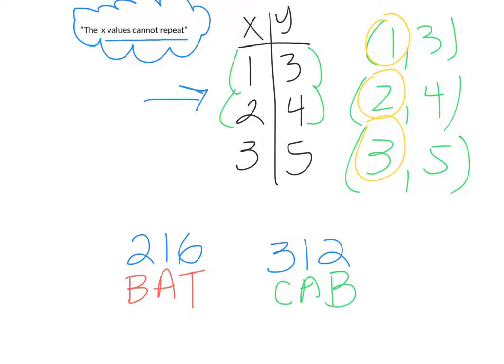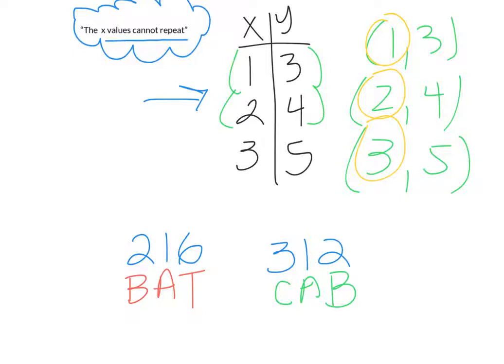Well, what would happen if you made some changes to your decoder and you decided that you were also going to have 2 is going to equal C. It's not going to be 3.